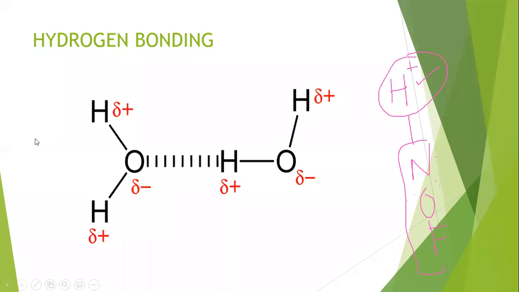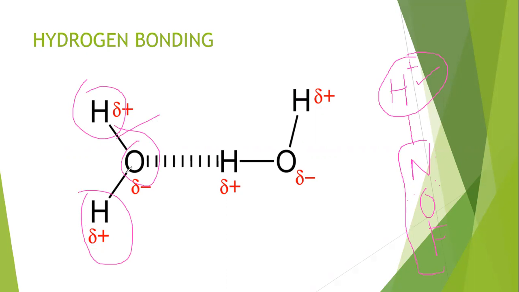The first example is the water molecule. As we know, in water, one atom is oxygen and two atoms are hydrogen. Hydrogen is highly electropositive and oxygen is highly electronegative. These are the covalent bonds between the hydrogen atoms and the oxygen atom.